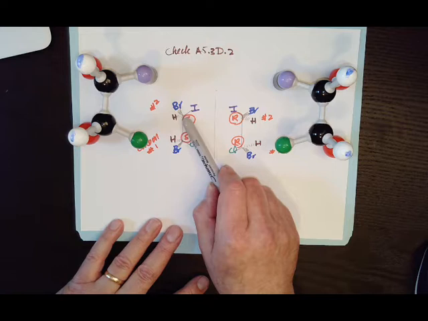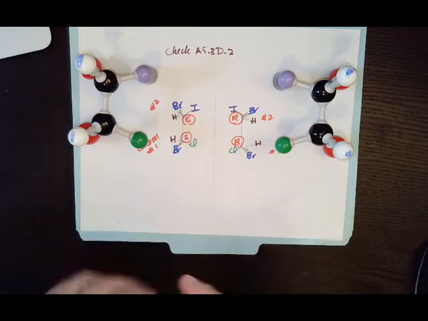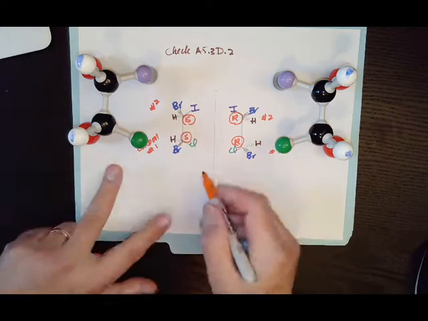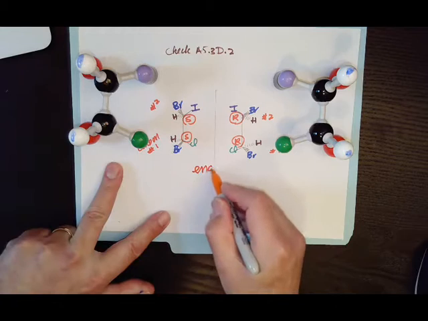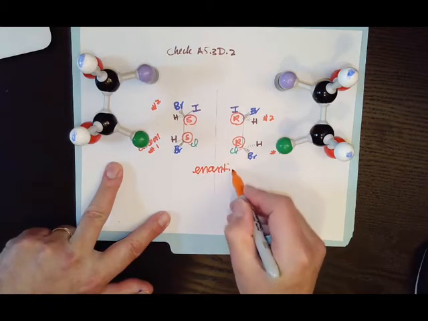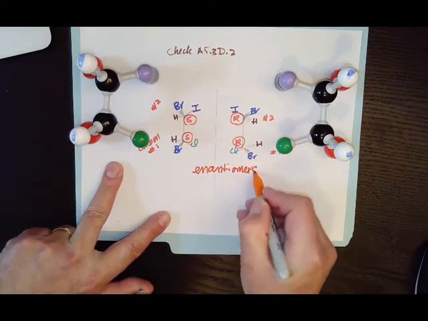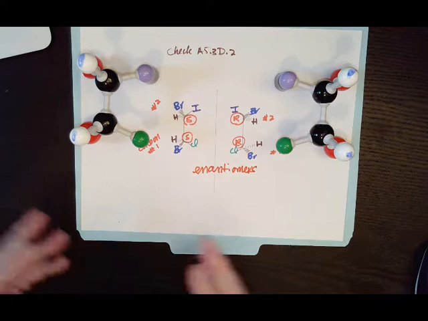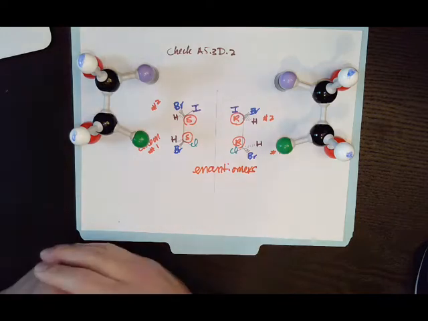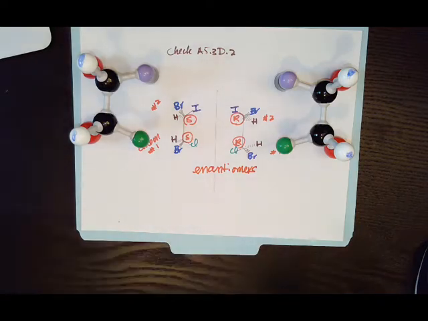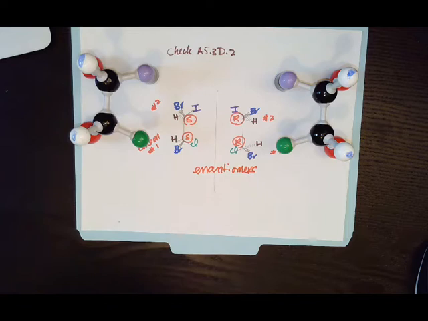So now, because they're mirror images of each other, we call them enantiomers. Enantiomers have the same properties, same melting point. Everything's the same except optical activity.